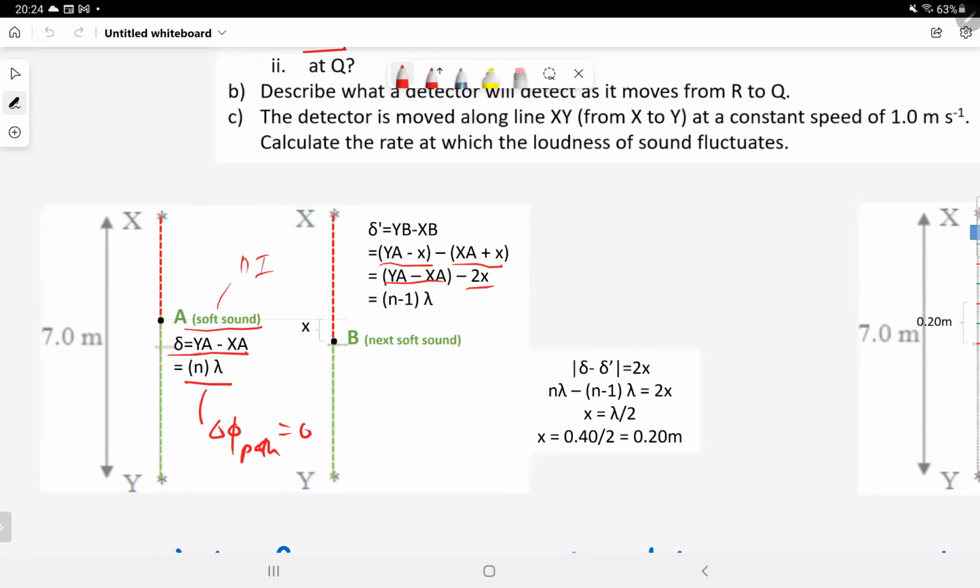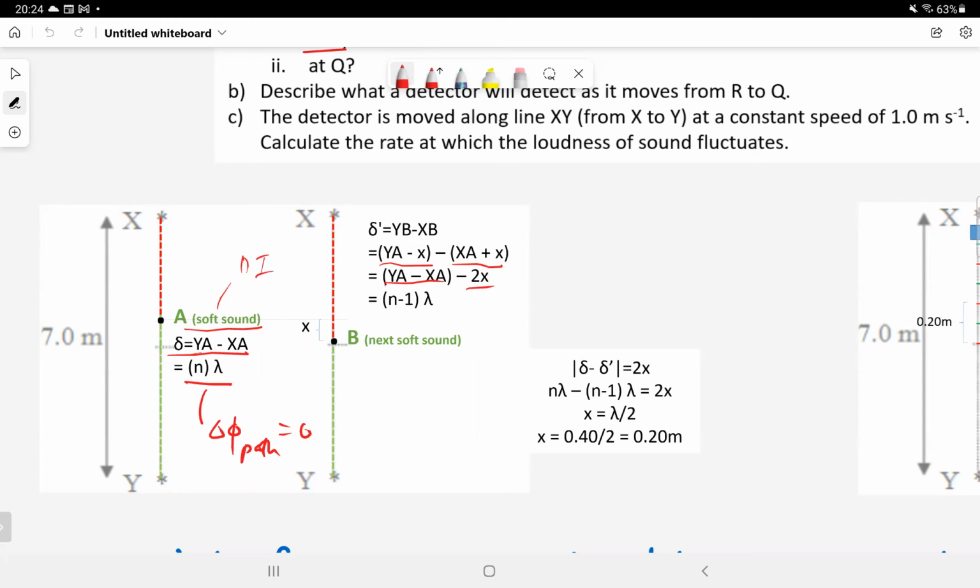Meaning, whenever you move by a distance of x in this particular setup, the path difference actually changes by 2x. We are not saying that the path difference is 2x. I'm saying the path difference from the first scenario changed to the second scenario by 2x, because one path got longer by x, one path got shorter by x.